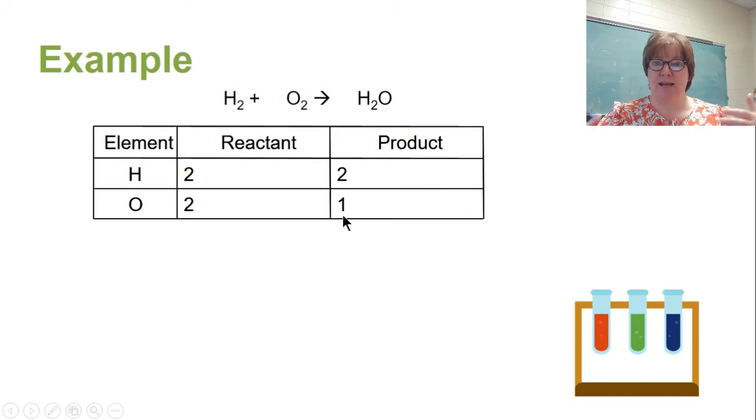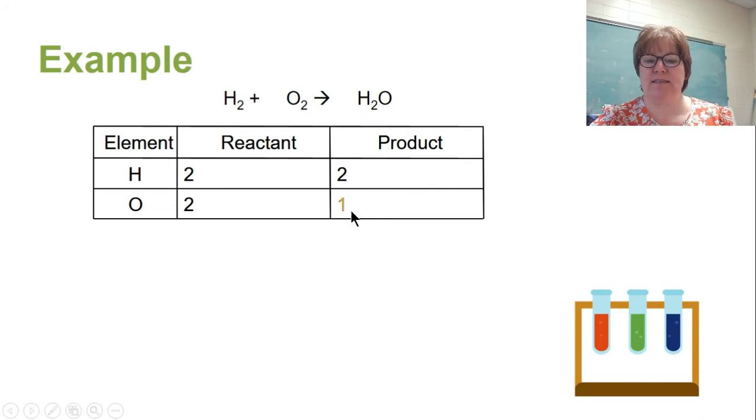So again, now that I have my count, I'm looking to see for which element the count is low. Since hydrogen is currently balanced and oxygen is not, and the product side is low in oxygen, that means I'm going to change the coefficient on the product side. So I have 1, I need 2, so I'm going to try using a coefficient of 2.